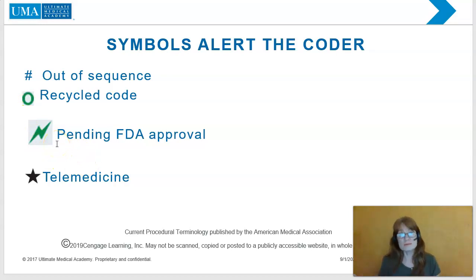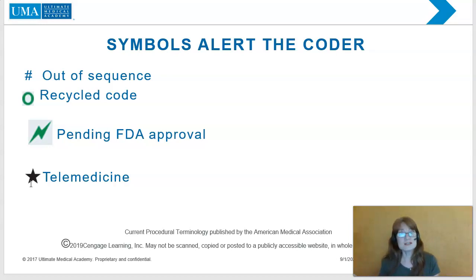Some things get put on, we can bill for and give to a patient, but they're still in that approval process with the Food and Drug Administration, and those would be pending. And for those procedure codes, you'll see the lightning bolt next to them. And this is one for codes that we're now using a lot more starting this year because of COVID, is the star sign, the star symbol.